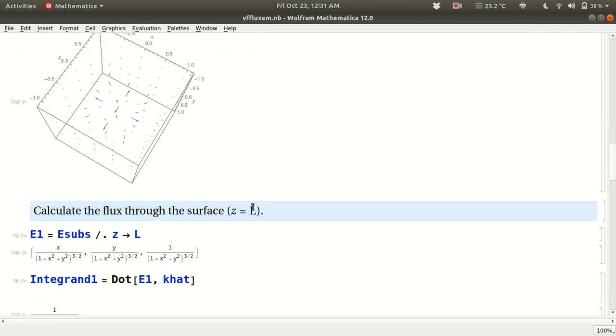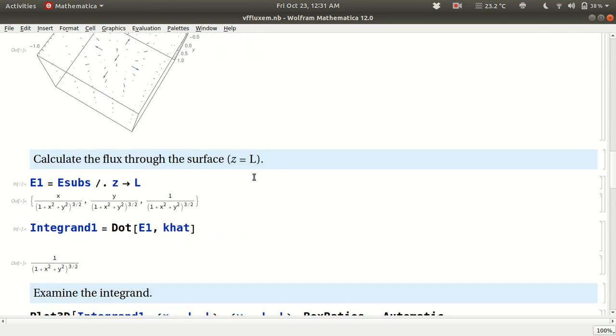Now let's calculate the flux through the surface z is equal to L. If you substitute z equal to L here, we rename E as E1, and L is basically 1.